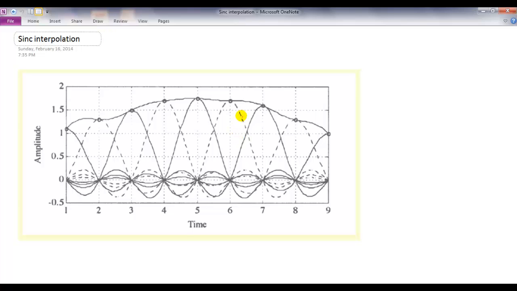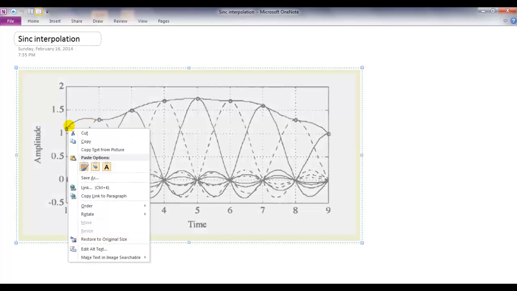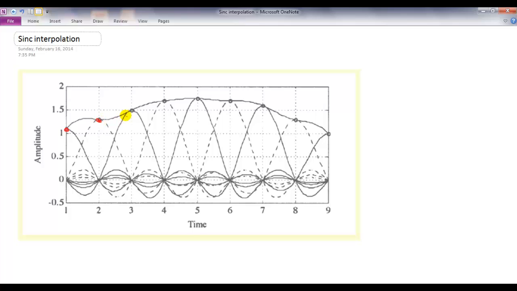So this is a better diagram which explicitly shows what you have. These were your original samples. These circular regions were your original sample values. Okay. And to reconstruct, what you are essentially doing is throwing a sinc at the location of the sample with its height scaled by the value of the sample.